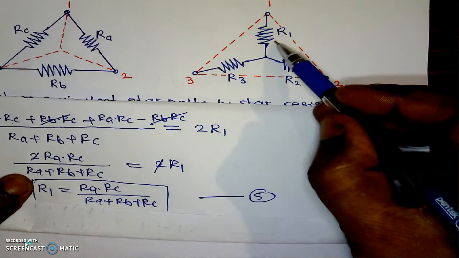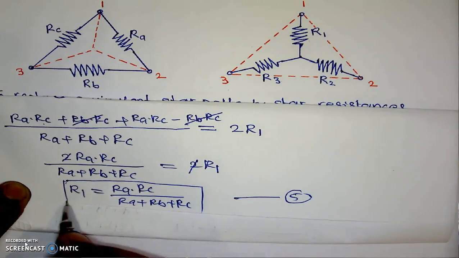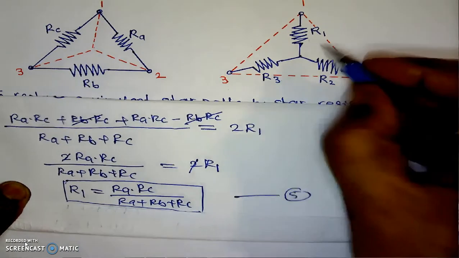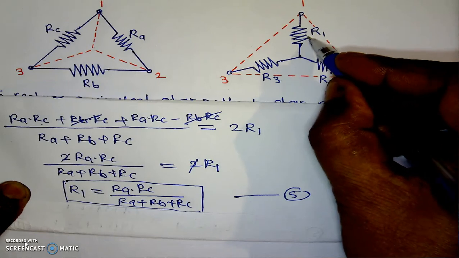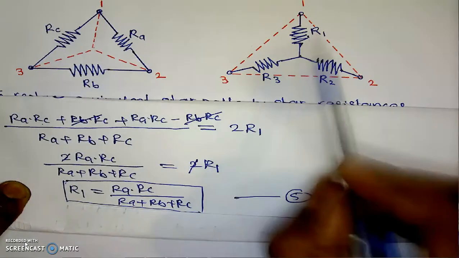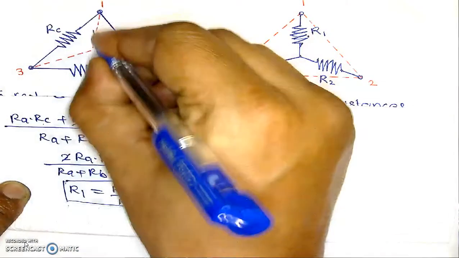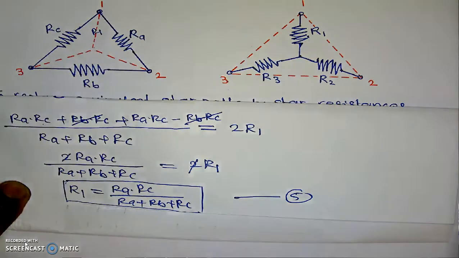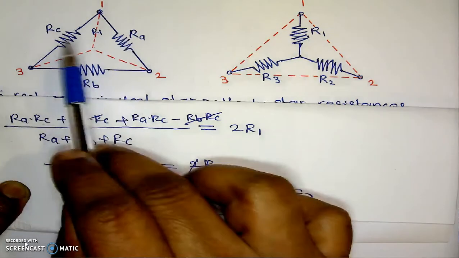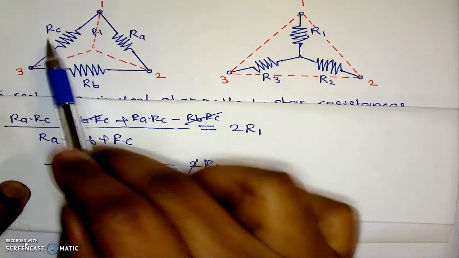R1 is this resistance, which is connected between these two resistances. How much is this value? RA into RC divided by RA plus RB plus RC, that is the addition of all.